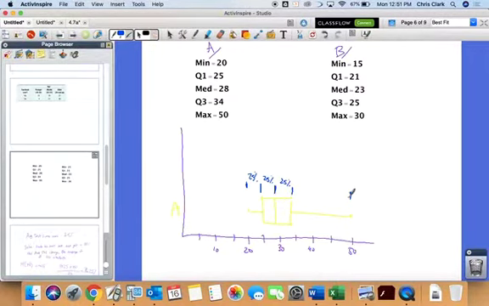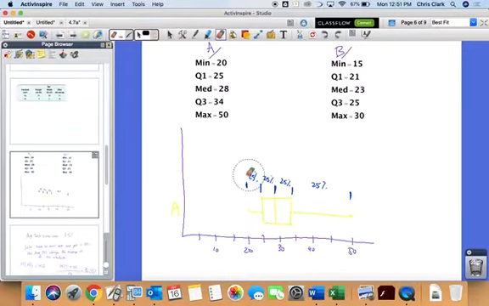And in between the Q3 and maximum is 25% of the data. You have to know this information. You got to know that the quartiles and median split it up into fourths. So 25%, 25%, 25%, 25%. You got to know that information for this test. We'll ask a question that plays off of that.